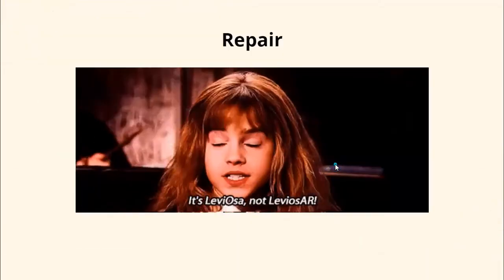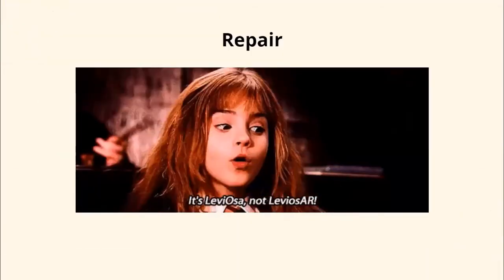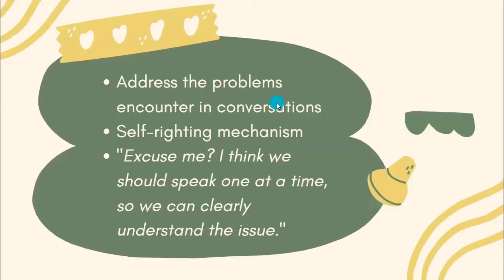Sixth one, communicative strategy, is your repair. Now, repair class refers to how we address the problems in speaking, listening, and comprehending things in conversation. So what we're trying to do here is address the problems encountered in conversation, just like the word repair. Okay. And it's also a self-righting mechanism.